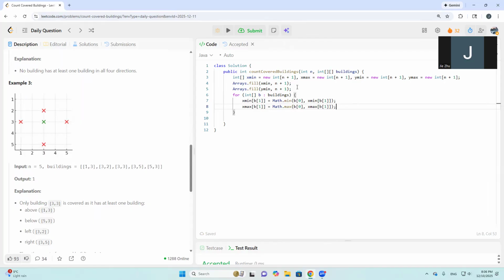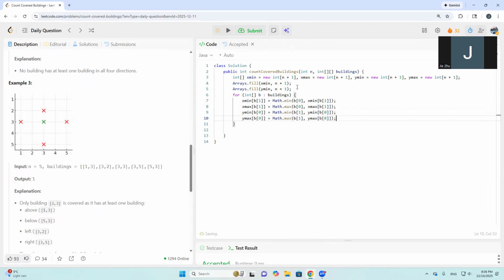And y min b0 for this x axis equals Math.min of b1 and y min b0. And we have y max b0 equals Math.max of b1 and y max b0.